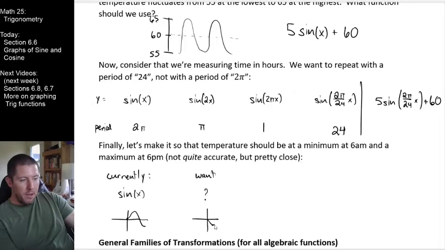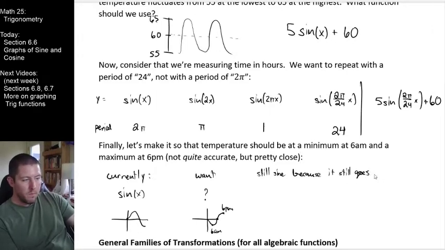That's going to be 6 a.m. We should go back up at noon to be at our midline, and we want to be back up here at 6 p.m. at our maximum right here. Well, this looks to me like it's still sine, because it still goes through the origin, but we want to vertically flip.